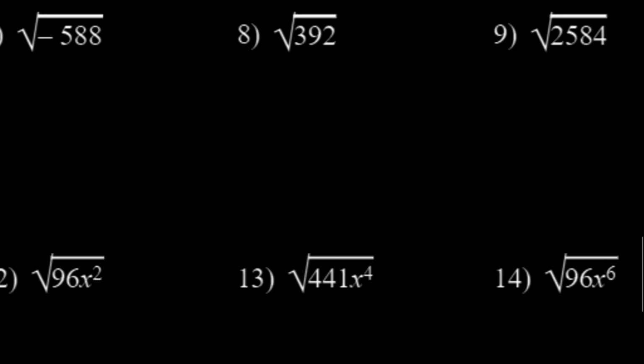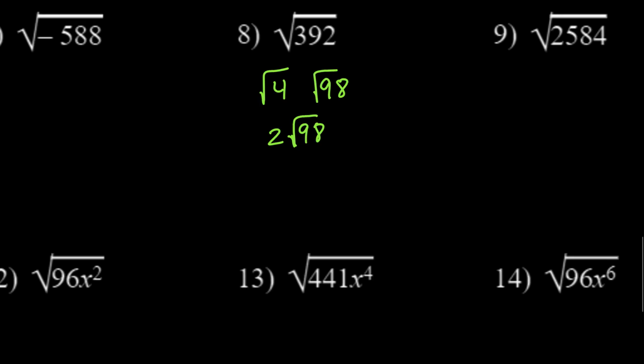So let's do 4. Let's pull a 4 out. 4 times what is 392? So 4 times 98, you said? What is the square root of 4? Now, does 98 still have factors that are perfect squares?